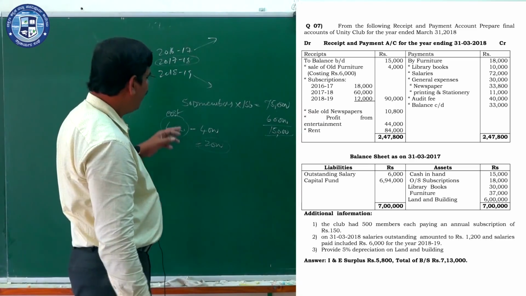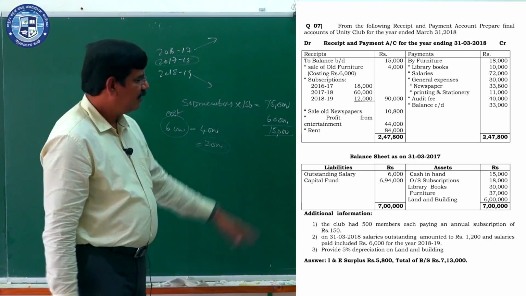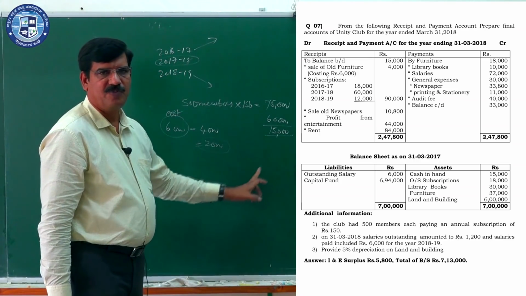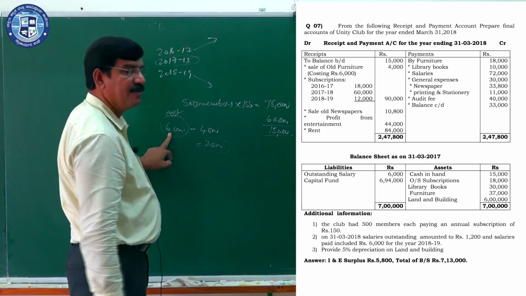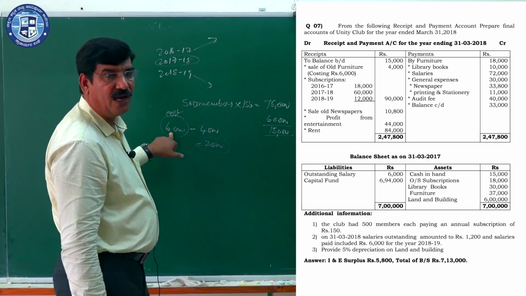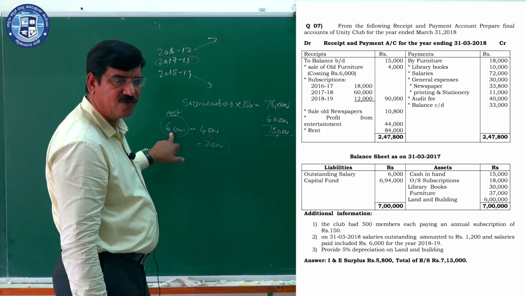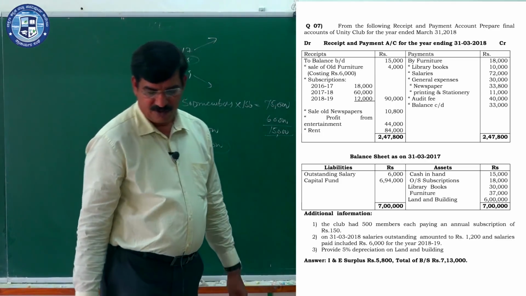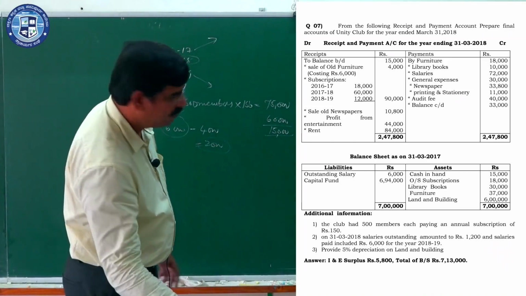So while writing it in the balance sheet, opening balance of furniture plus purchases minus the value of furniture sold has to be deducted, then whatever amount comes has to be entered in the closing balance sheet. Okay, now let us work out the problem.